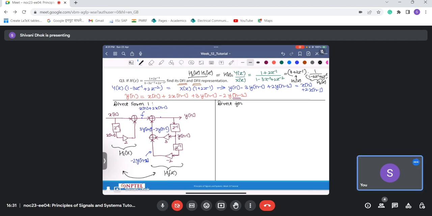So let's start with direct form 2. I'll just take this part and draw it here, and then the first part.